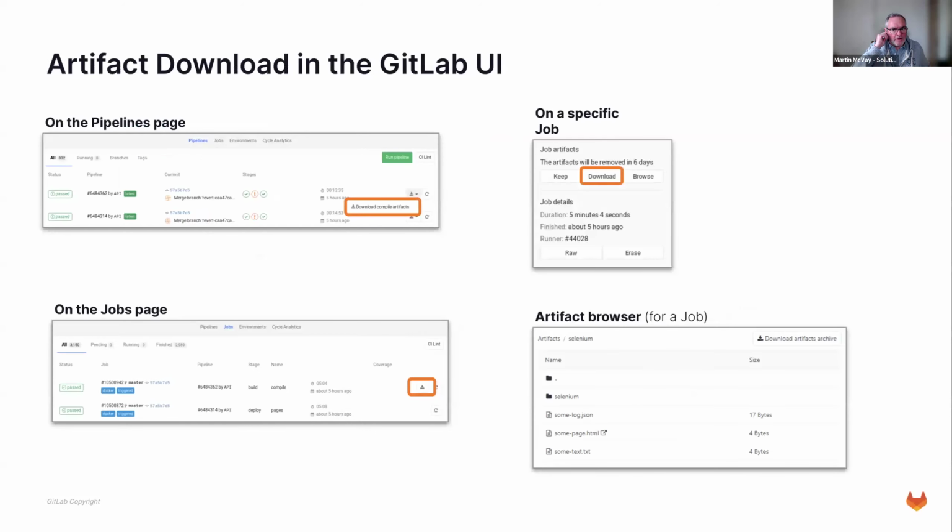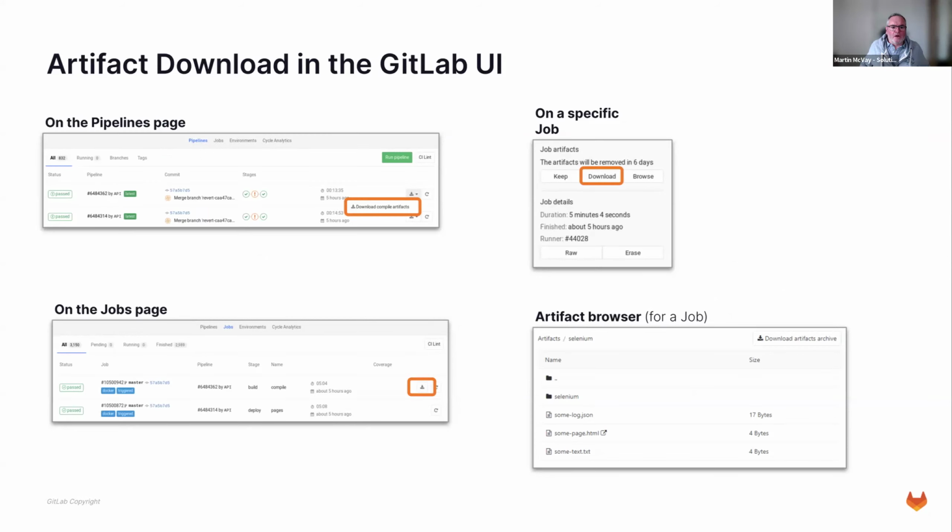We can download artifacts in the UI itself from a number of different locations. On the pipelines page itself, if you look at your pipeline, you will have a download button on the right-hand side, and you'll see this as we go through. Then you can download artifacts that have been created as part of that pipeline.